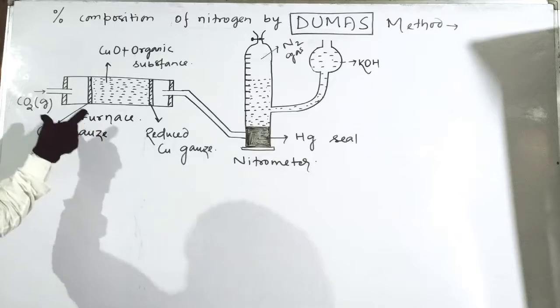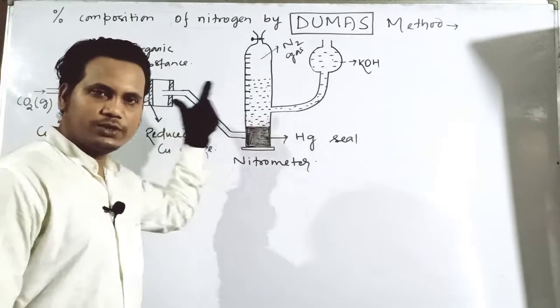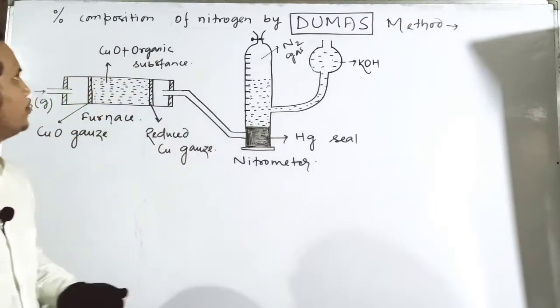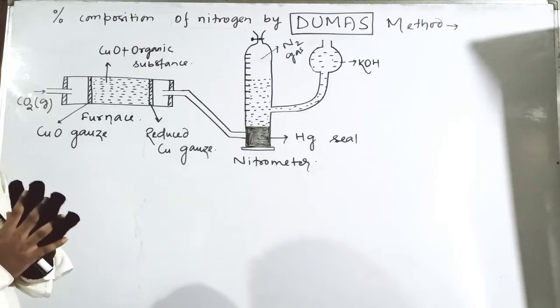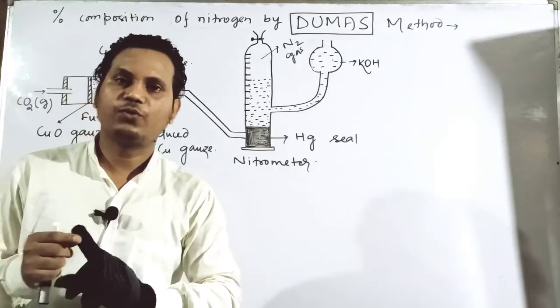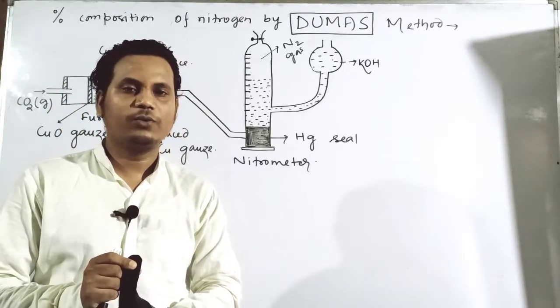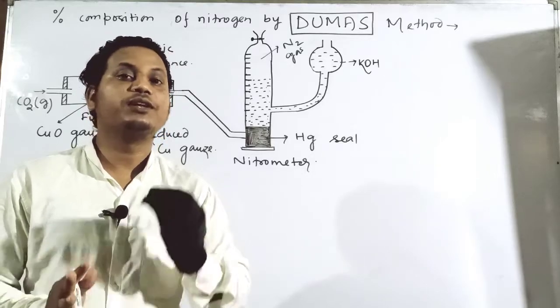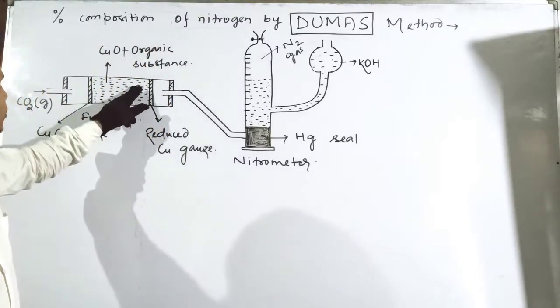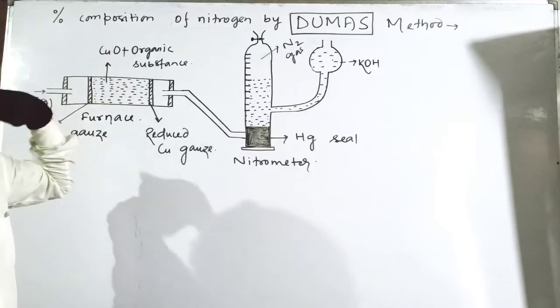This is the apparatus used, which I have drawn. In the Dumas method, first we take an organic compound and react it with copper oxide.